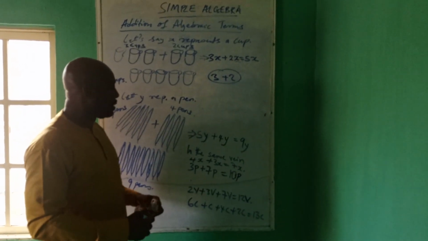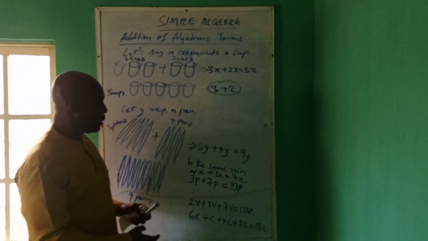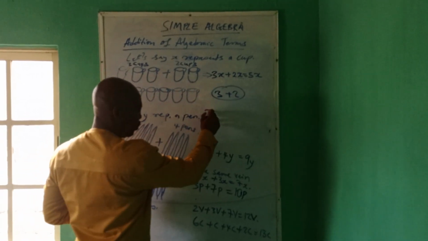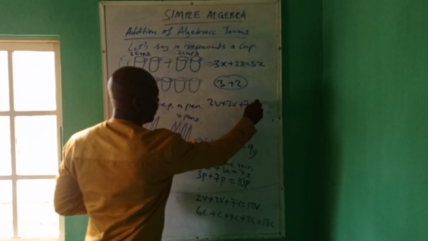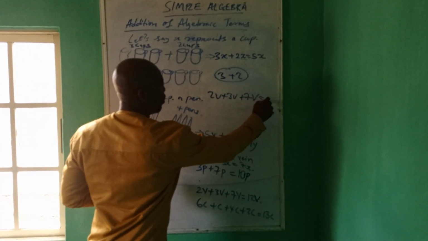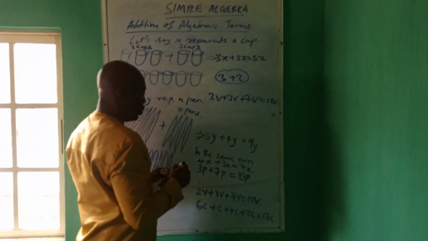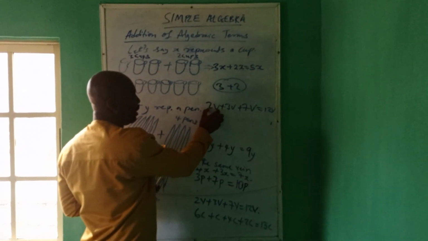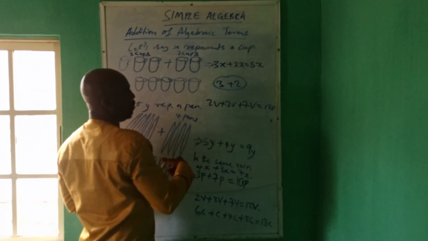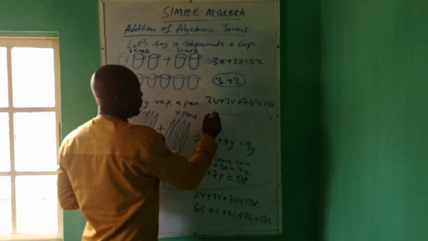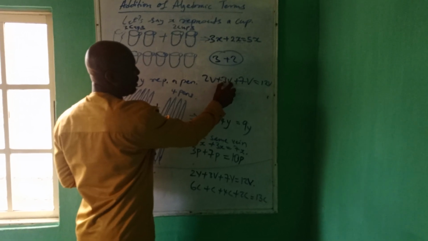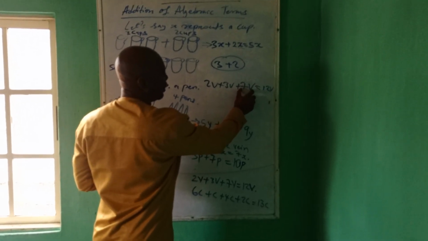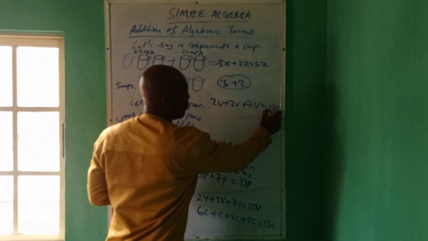Then algebraic terms can exceed two, just like the one we have here, 2v plus 3v plus 7v is equal to 12v. So this is 2v, just like let's say v stands for 3. You have 2 3s added to 3 3s, that is 5 3s, added to 7 3s, that is 12 3s.